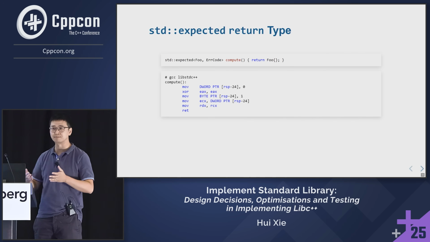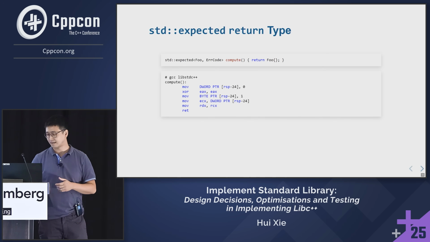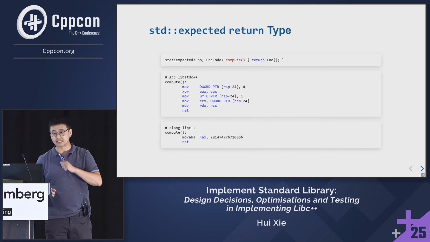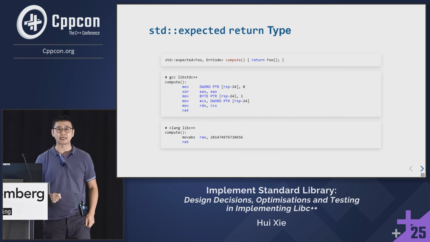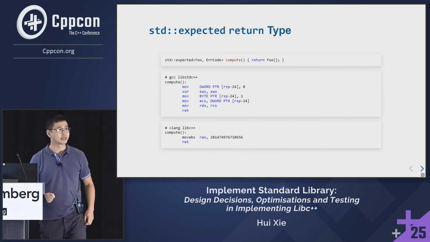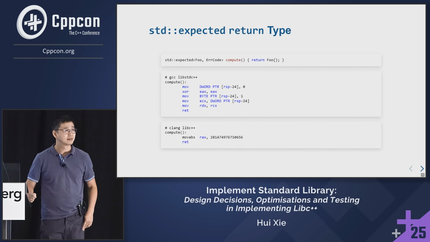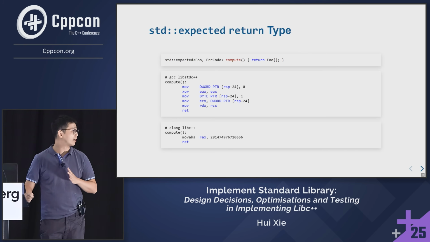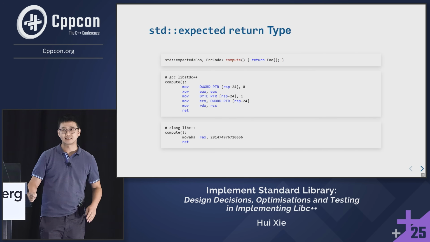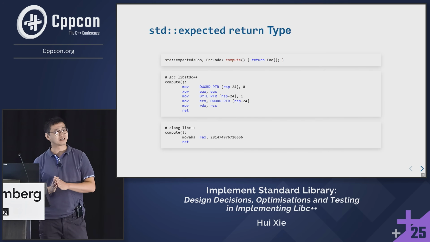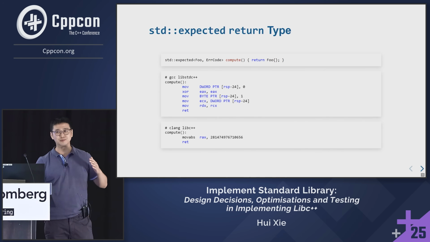With our implementation in this particular case, because our std::expected is only 8 bytes, it is small enough to fit into a register. So the compiler directly writes the result into the return value register RAX. That's how we can get some benefit from having smaller types.